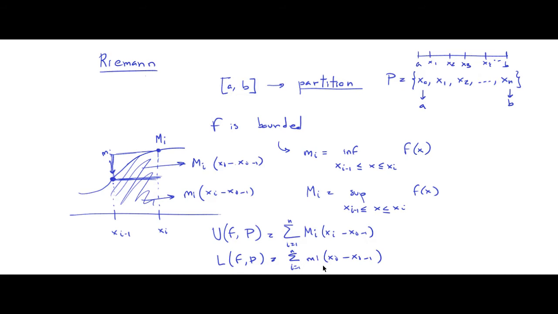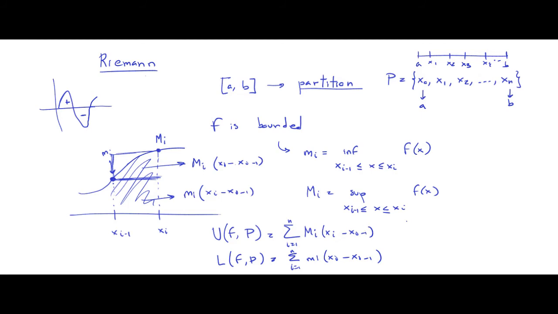What I forgot to say is that this method, obviously, if you have a function that goes below the x-axis, this will count as positive area, and this will count as negative area. You can see that because we're considering the actual value of the function, and not only the absolute value.